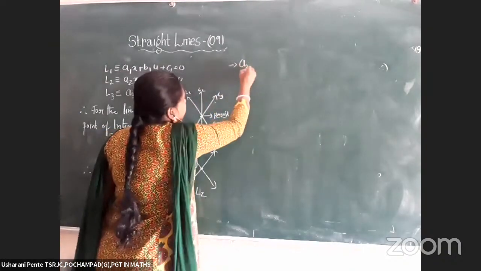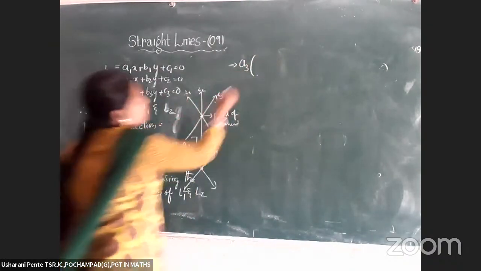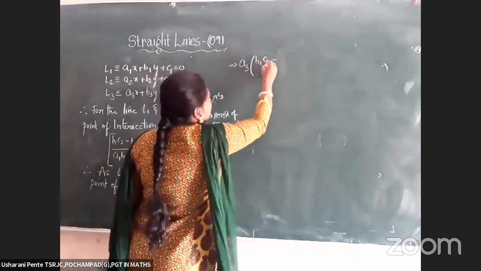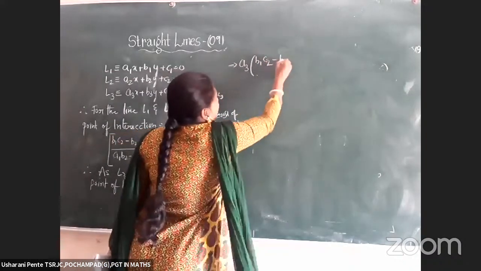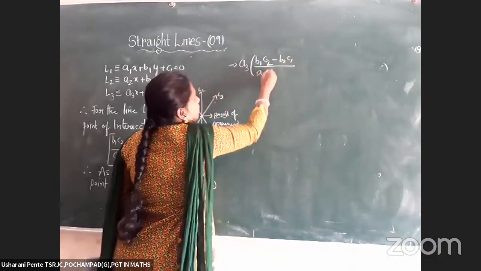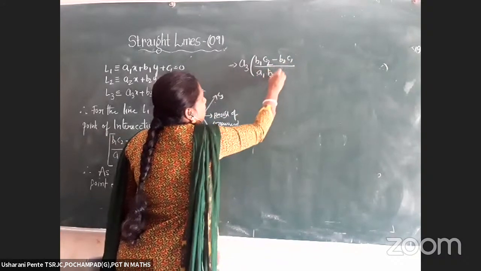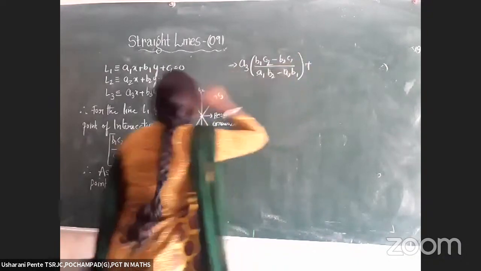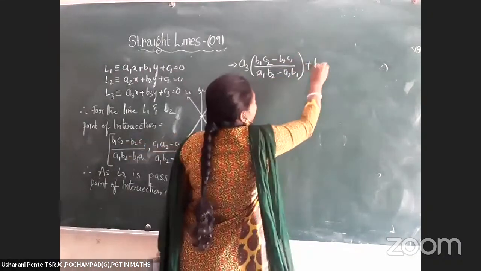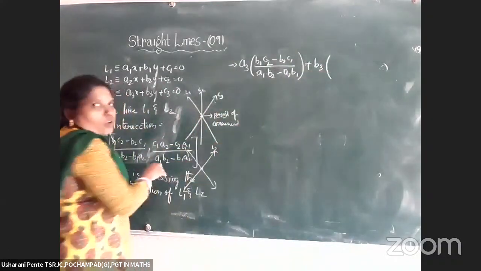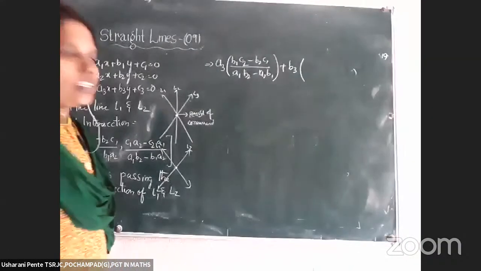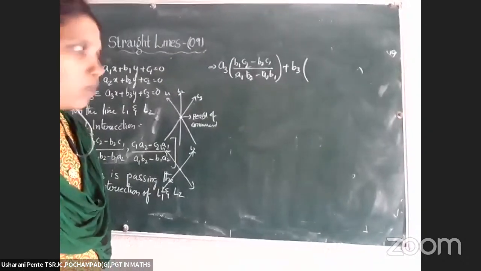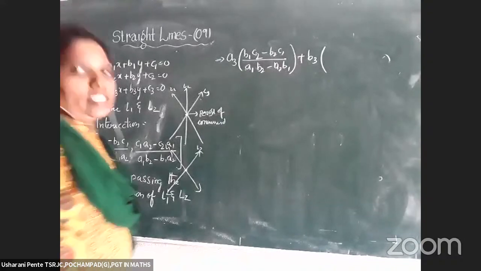That is A3 into x, which is (B1 C2 minus B2 C1) by (A1 B2 minus A2 B1), plus B3 into y, where y is the C1 expression.